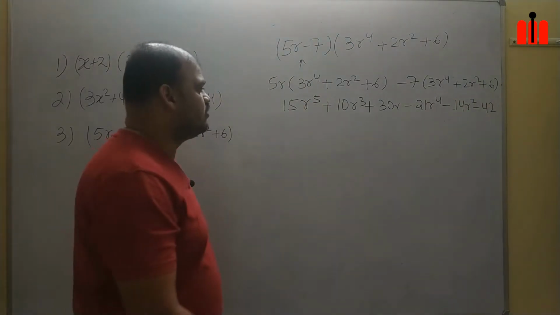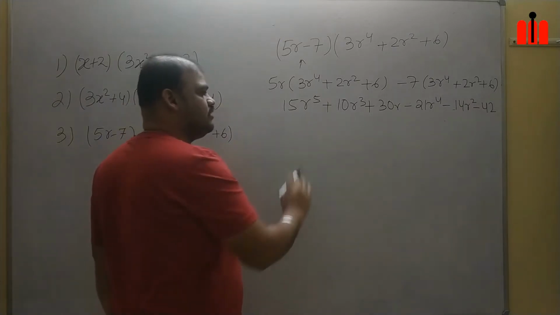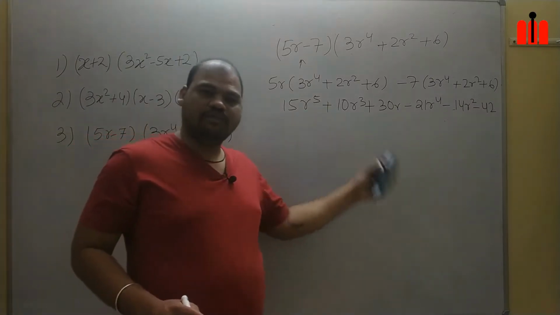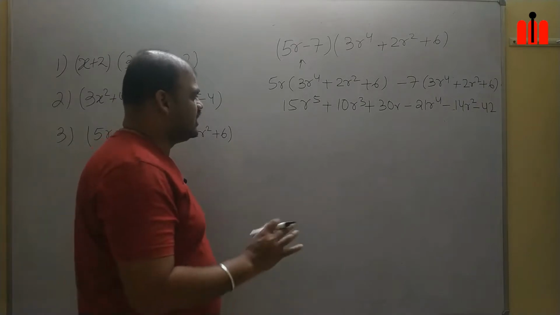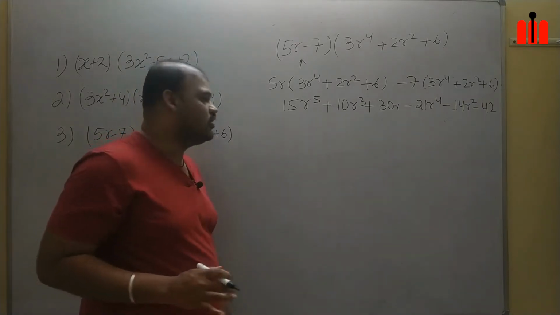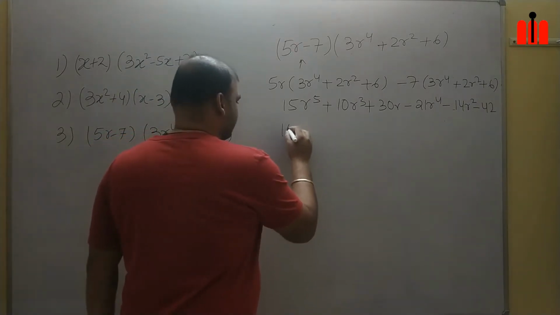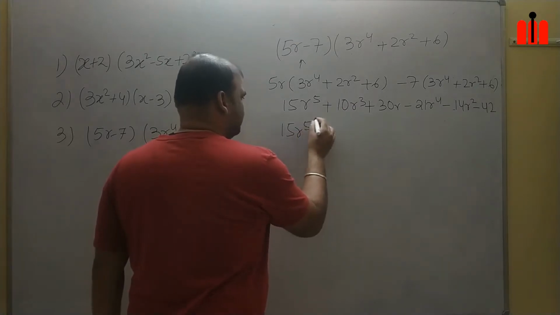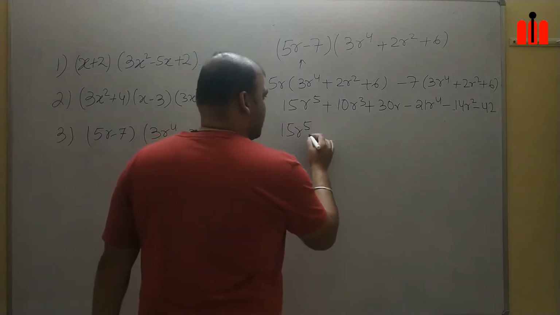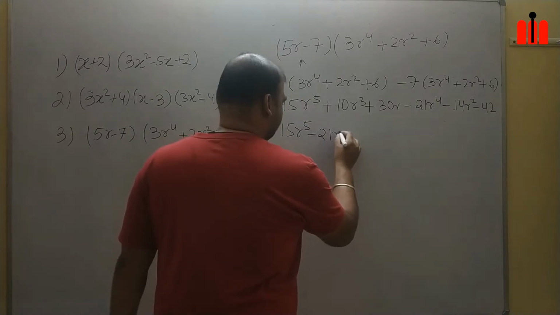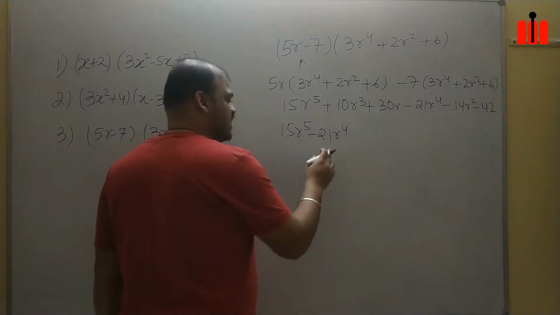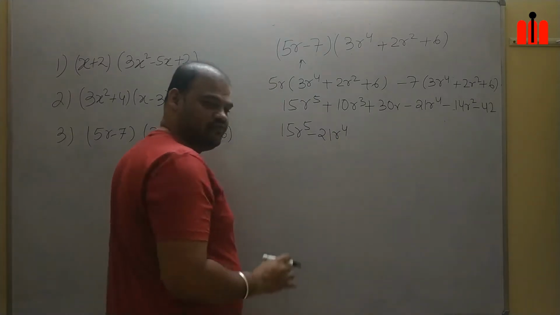Now we will write it in descending order of the powers, so that it will look good. For 15r to the power 5, there is no other like term. After that, minus 21r to the power of 4, there is no other like term for r to the power of 4 in this.